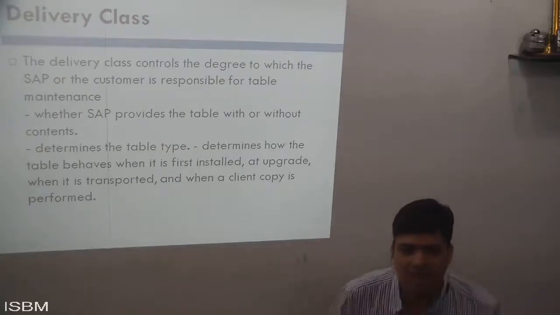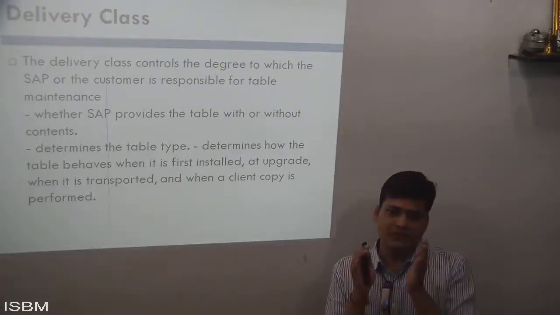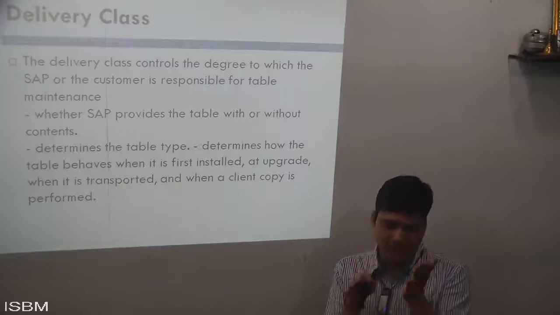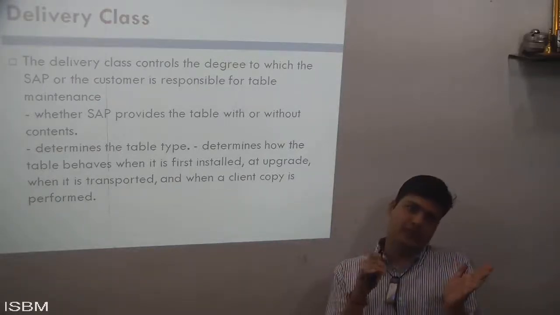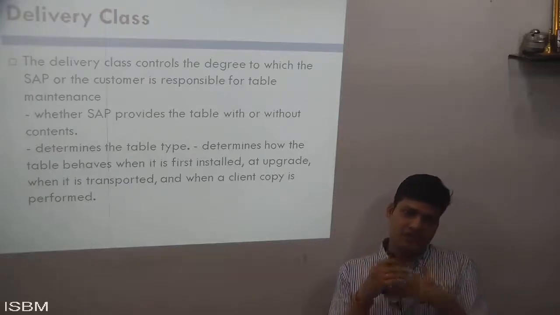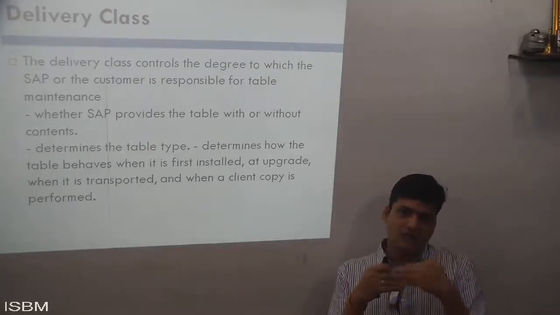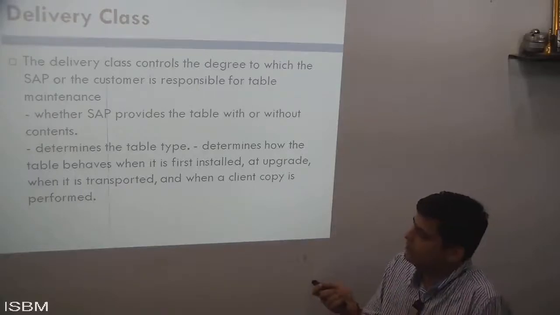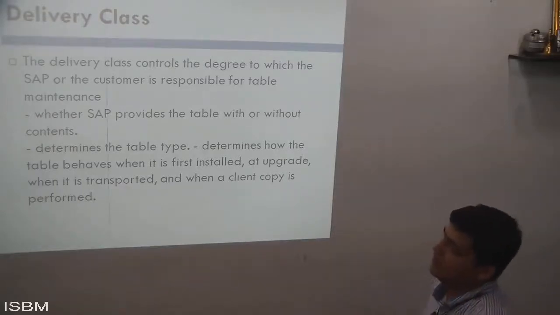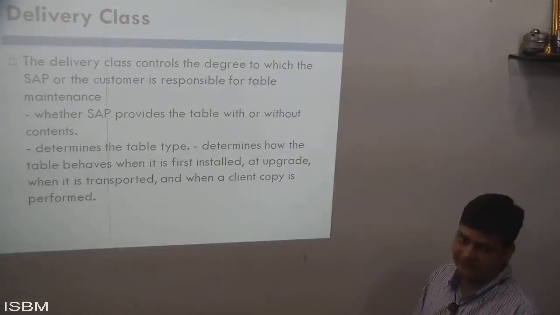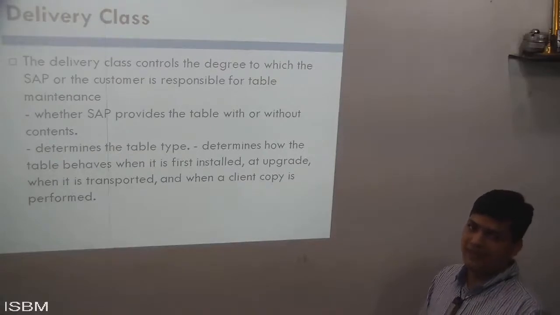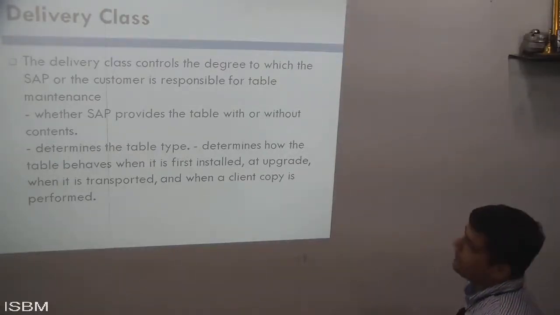When you create a table, it is transported from one server to another, meaning from development to quality, then from quality to production. It is all about checking the performance of your table, and it is related to the delivery class. It controls the degree to which SAP or the customer is responsible for table maintenance. So at the maintenance of the table, the delivery class will help.